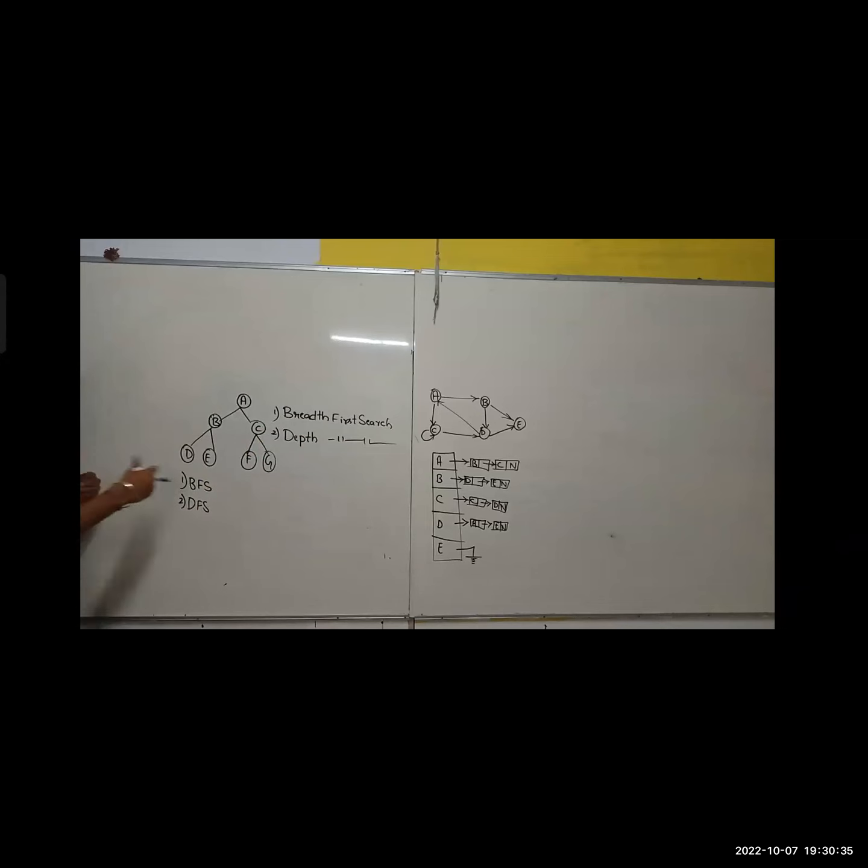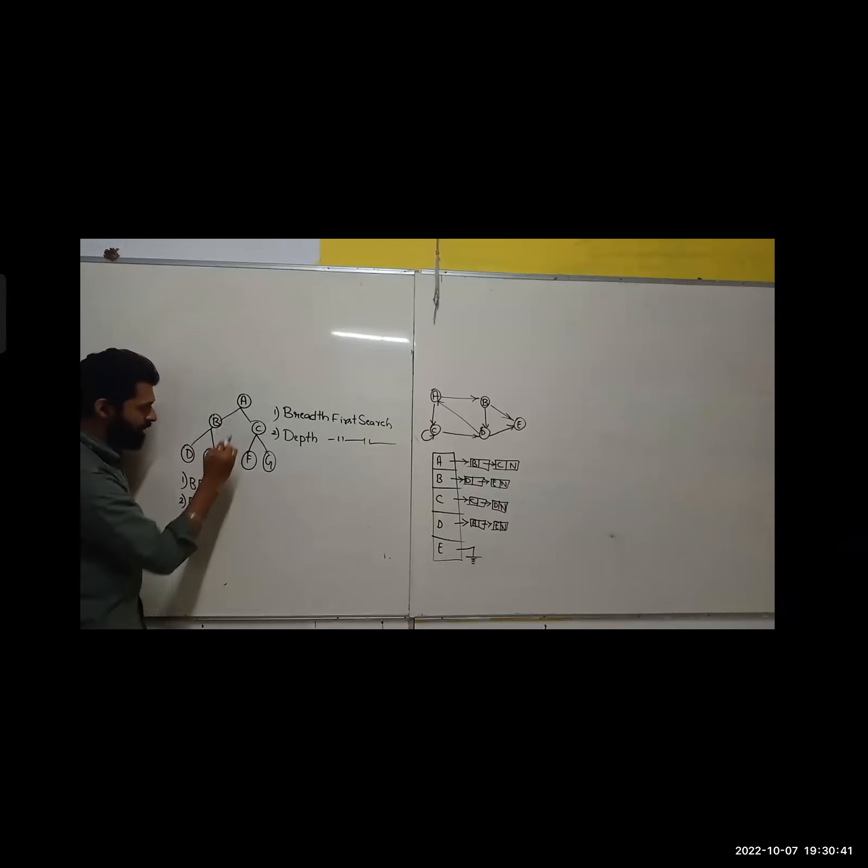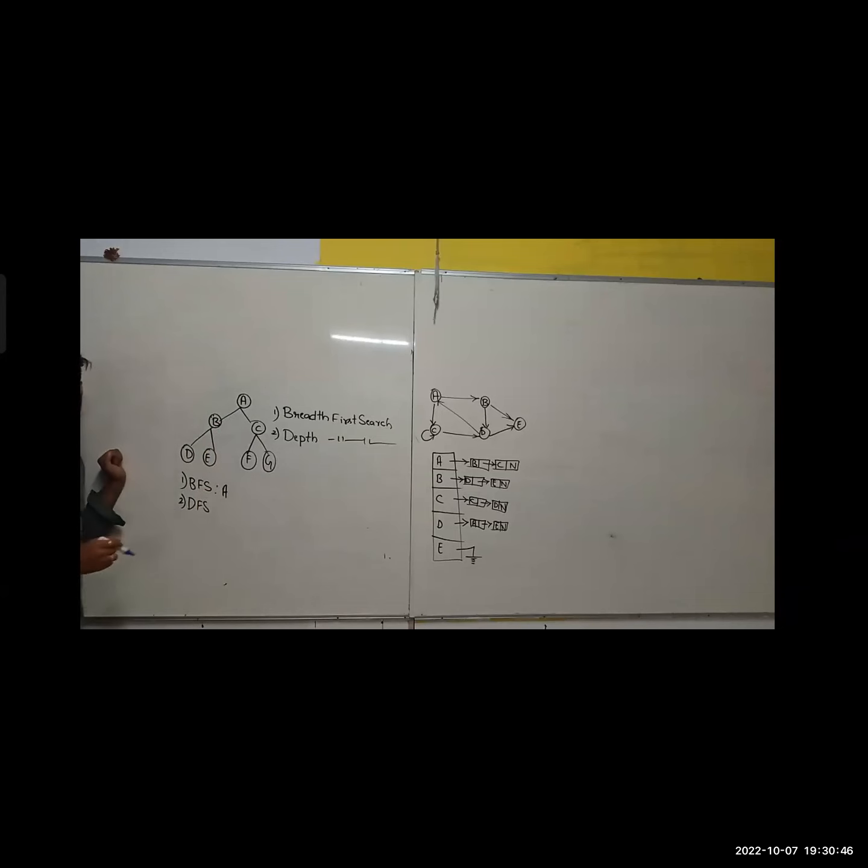Breadth means you should go with respect to width, not in depth. First, you consider A. I can call it exploration. Exploration means finding the adjacents. Which are the adjacents for this A? B and C. So take that.